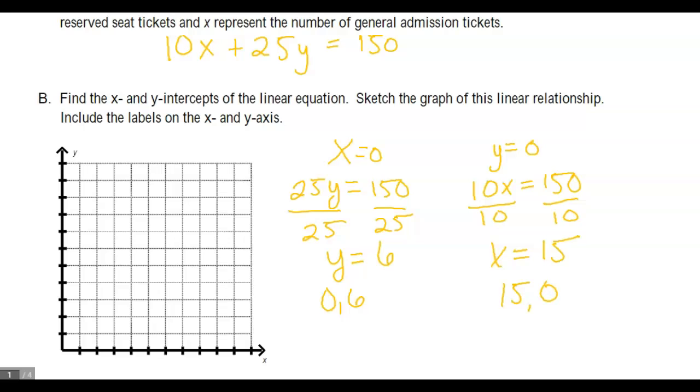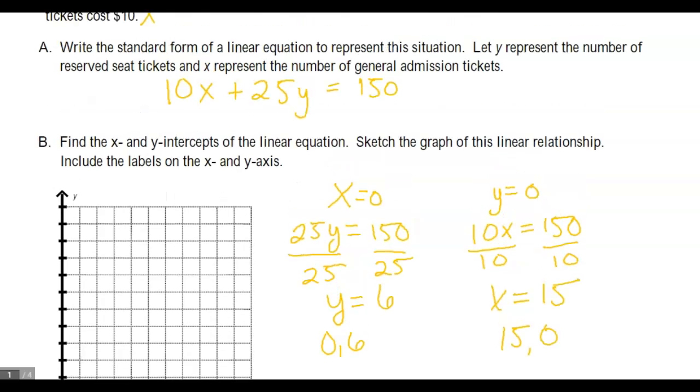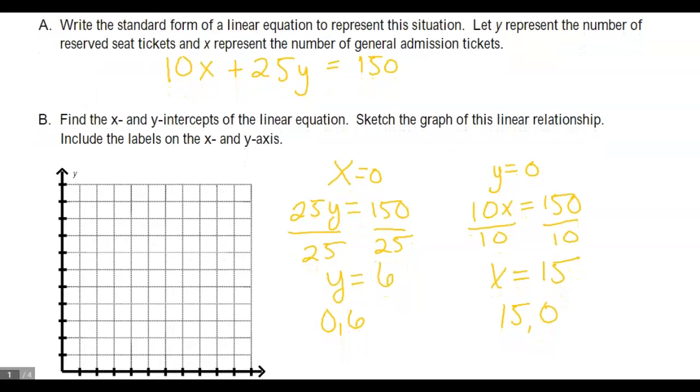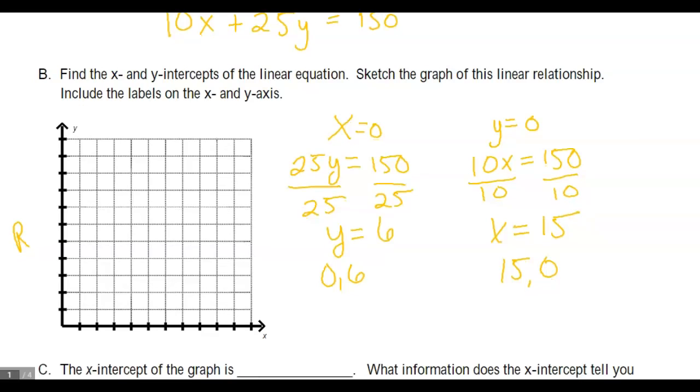It says include labels of the x and y axis. So I will call these, this is reserved. So I'm just going to put an R here. And this is general admission, GA, general admission. So this is where you would need to sketch a graph for me if you don't have this printed out.